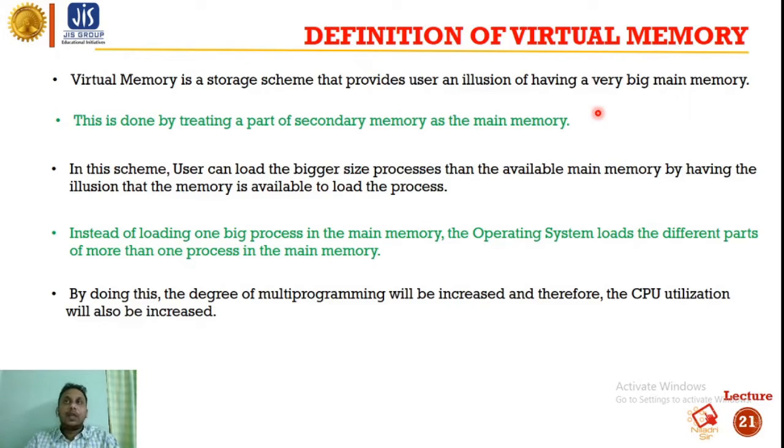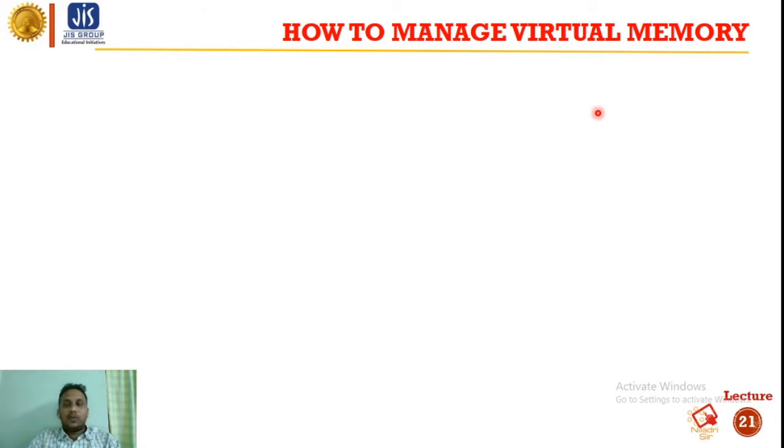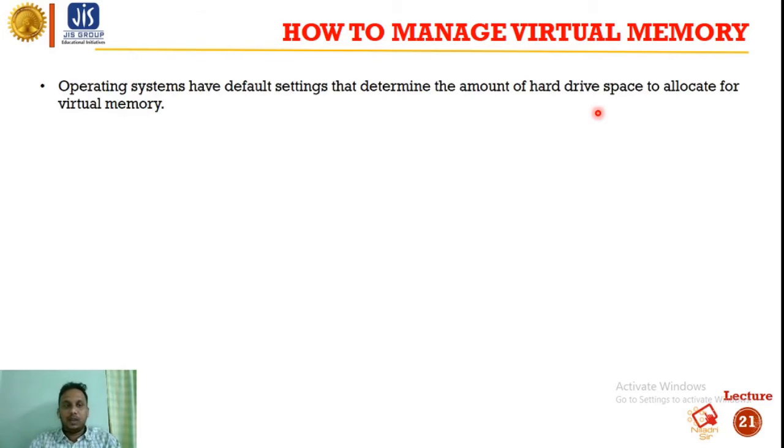Suppose the P1 part of process P is executing, and parallelly the Q1 part of process Q is also executing. So the multiprogramming will be executed efficiently.